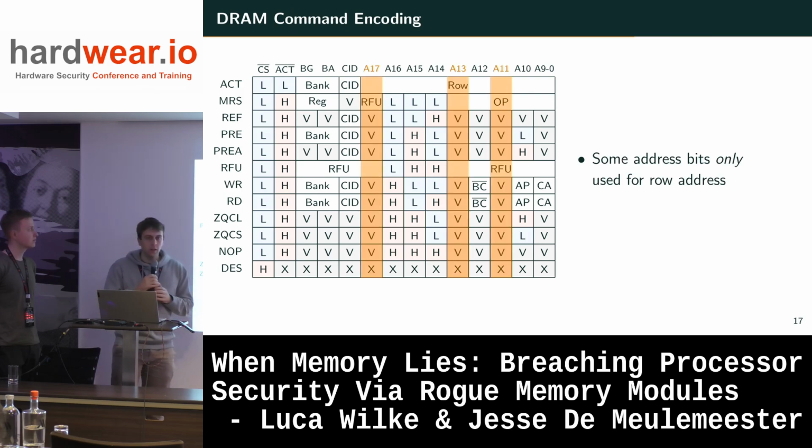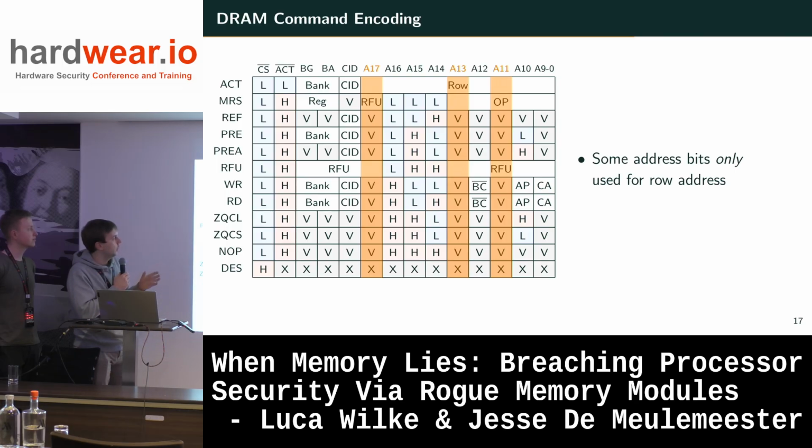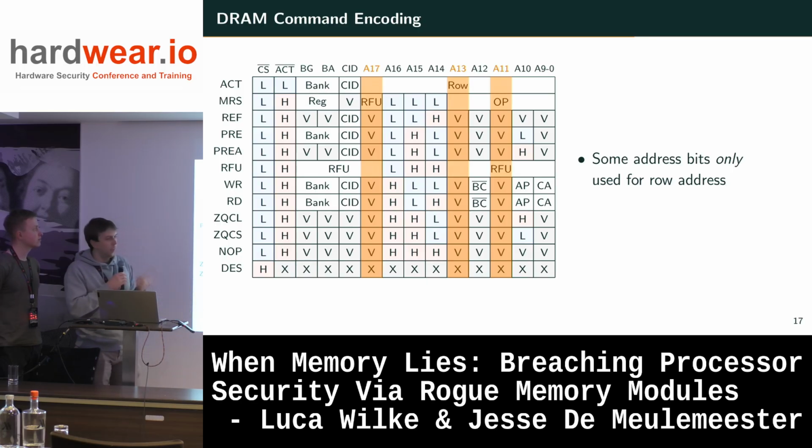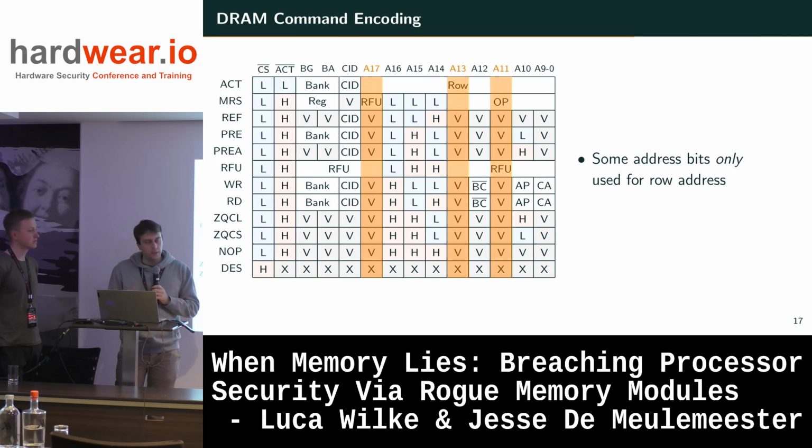But interestingly, 3 of these pins are only used to specify a row address bit. So for all other commands other than the activate commands, these 3 bits only have to hold some arbitrary valid value. They can be low or high, it doesn't really matter. And that allows us to do the idea that I mentioned before.